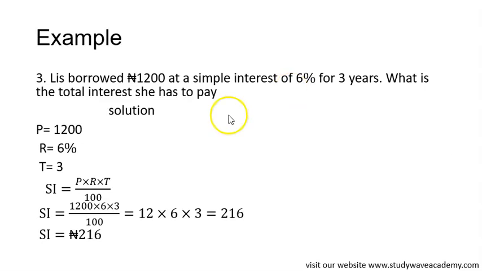So for 3 years, how much will she pay? The interest she will pay after 3 years is 216 naira. Okay?